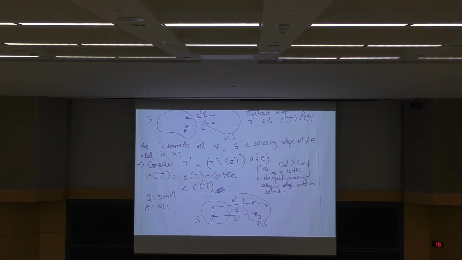So the basic argument is, you have to pick the crossing edges a bit more carefully than just picking any of the crossing edges. The issue is dropping E prime would disconnect y.